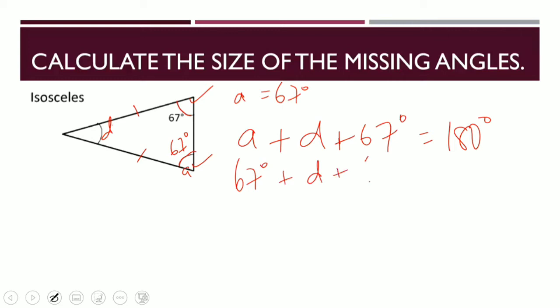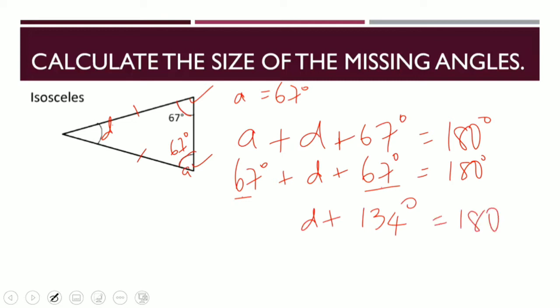Using the equation is a really neat way of keeping your work together. The teacher understands exactly what you're saying, and it's obvious that you know what you are doing. So we have 67 plus 67, and that gives us 134 degrees. So we have D plus 134 degrees equals 180 degrees.